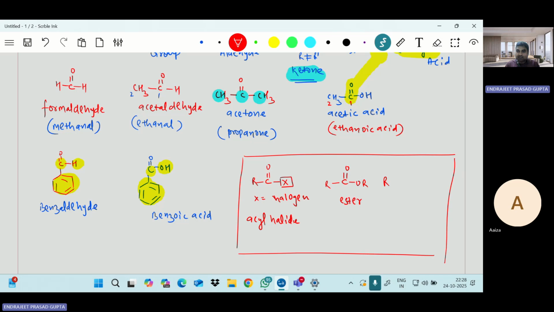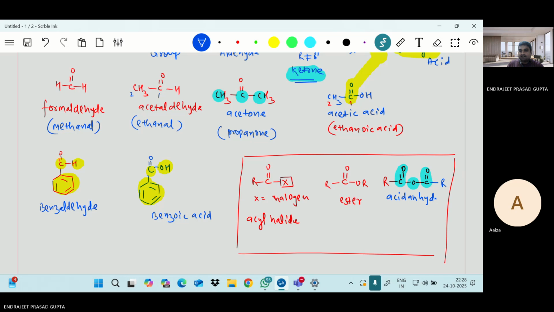And if this carbonyl carbon has R on this side and on the other side again a carbonyl carbon, and both carbonyl carbons are separated by an oxygen atom, and there is another R, so this is called acid anhydride.